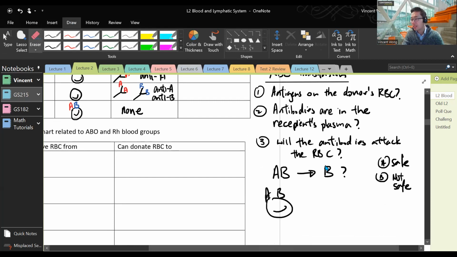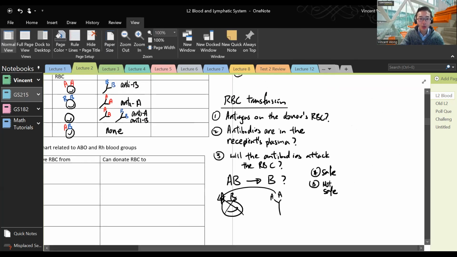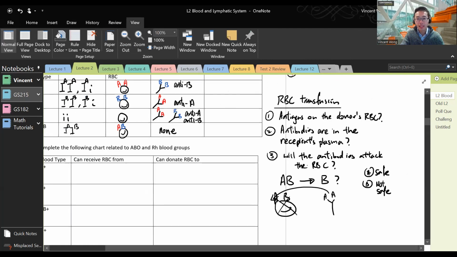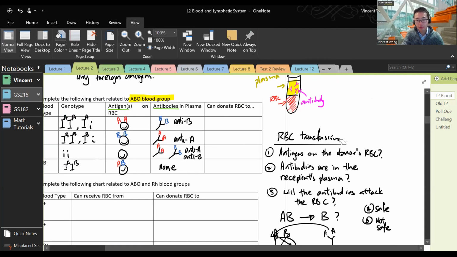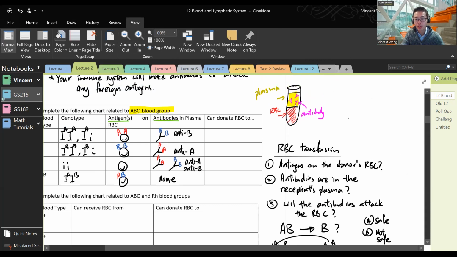People who are type B will need antibodies against things that they do not have. So they do not have A, that means it's going to be anti-A antibodies, right? So the letter on the antibody will tell you what they recognize and attack. So this guy has an A on it, right? So these antibodies will attack and destroy the cells. Therefore, it is not safe. Okay. So generally speaking, that's how you would use logic to answer the question.